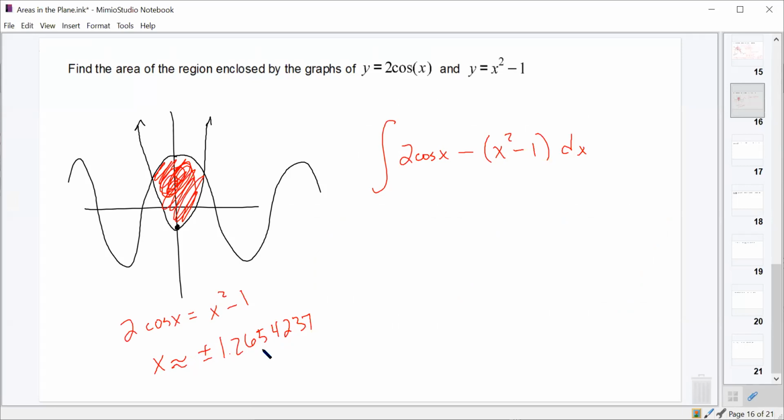All right. And so if this was the AP test, you would show the graphs to show which one was above the other. You would show that you set these equal to each other. You'd write this equation. You'd use your graphing calculator to solve it, and then you'd write these values below. And then you'd write out your integral.